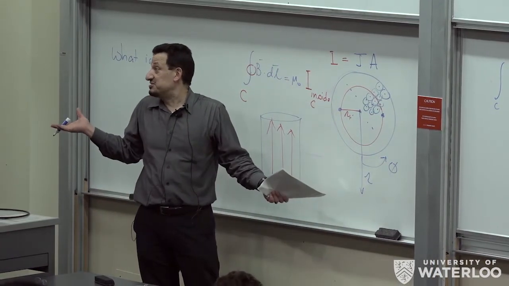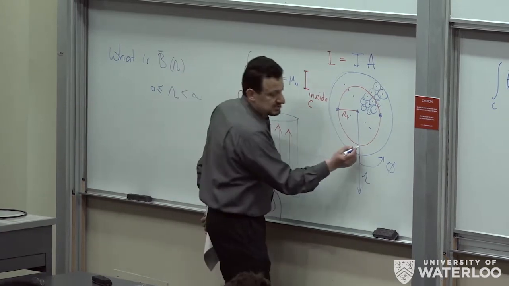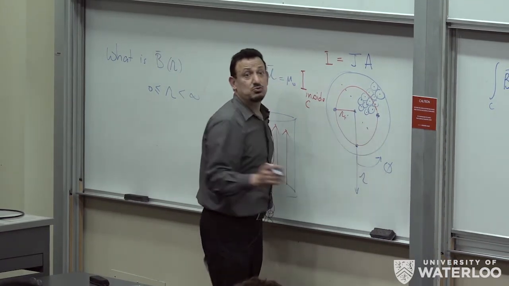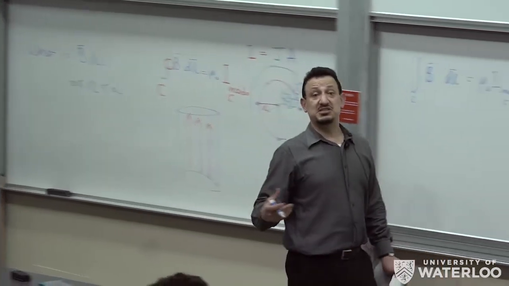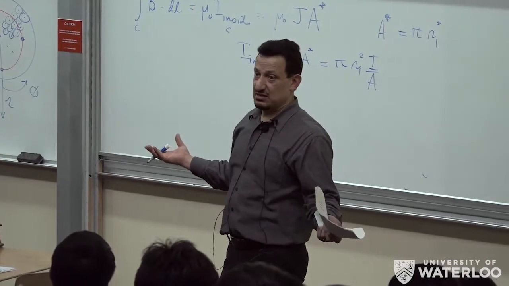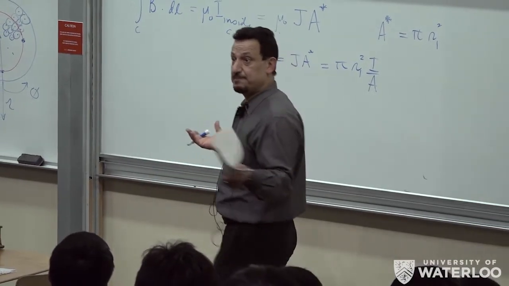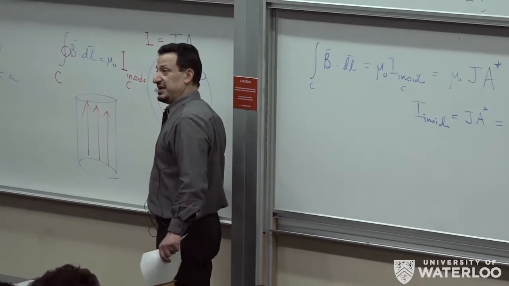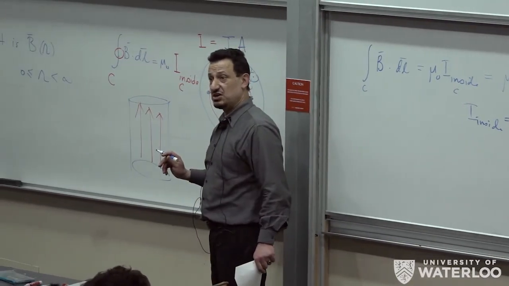That's what symmetry means, right? If I were to stand here, I will see the world as if I were standing here. What do you mean by seeing the world? It means that I will be affected by the world in the same way. That's what seeing means, right? Okay, so I can say that B is constant on this contour.